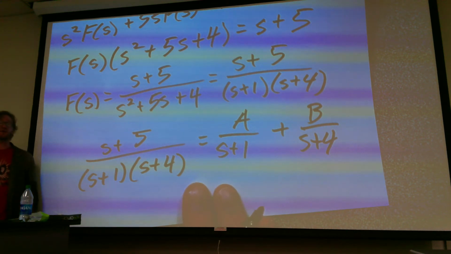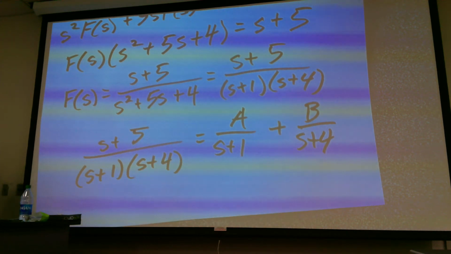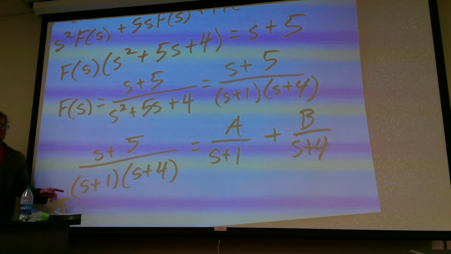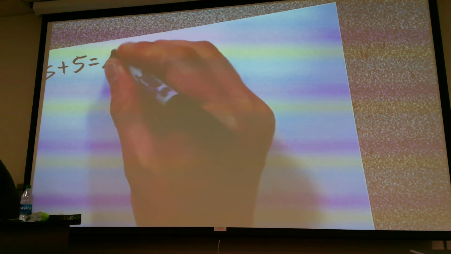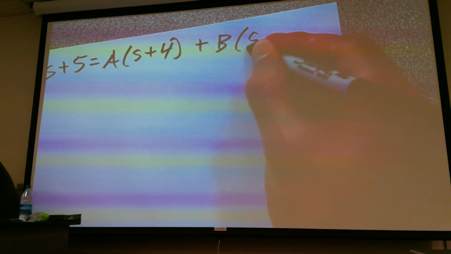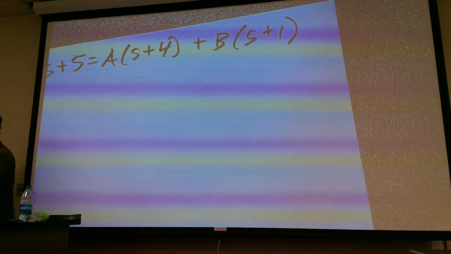We have to figure out what A and B are. So we're going to multiply both sides of this problem by s plus 1 times s plus 4. So that's going to give us that s plus 5 is going to equal A times s plus 4 plus B times s plus 1.